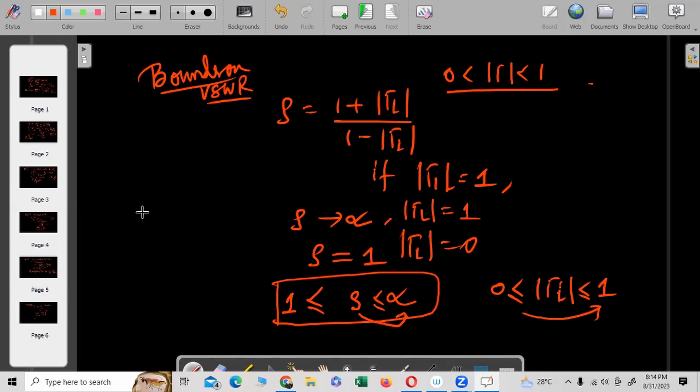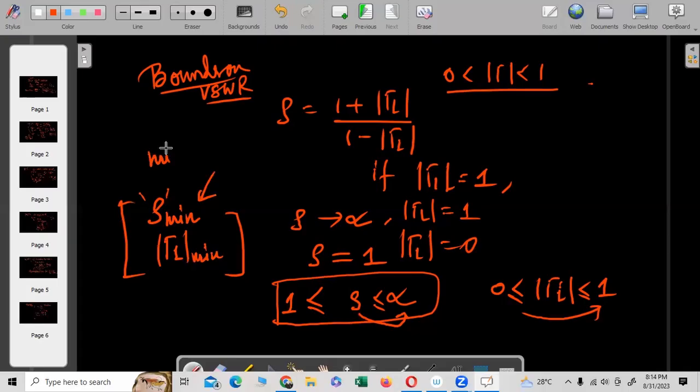Our idea is to minimize rho, and minimizing rho means minimizing this gamma L also, same, because all are directly proportional. So we need to minimize VSWR as much as possible, so that the mismatch on the transmission line will not be there.